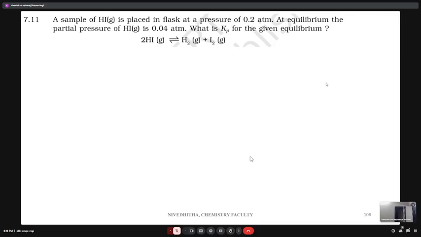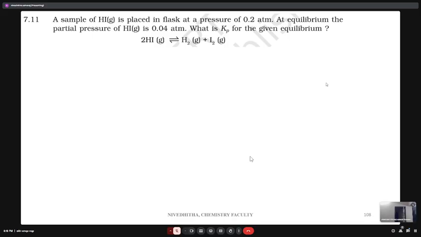A sample of hydrogen iodide is placed in a flask at a pressure of 0.2 atmosphere. In a flask they have taken hydrogen iodide compound whose initial pressure was 0.2 atmosphere. At equilibrium, the partial pressure of hydrogen iodide is found to be 0.04 atmosphere, and they're asking us to find the Kp, and the equation is given. Please make sure the given equation is a balanced one.